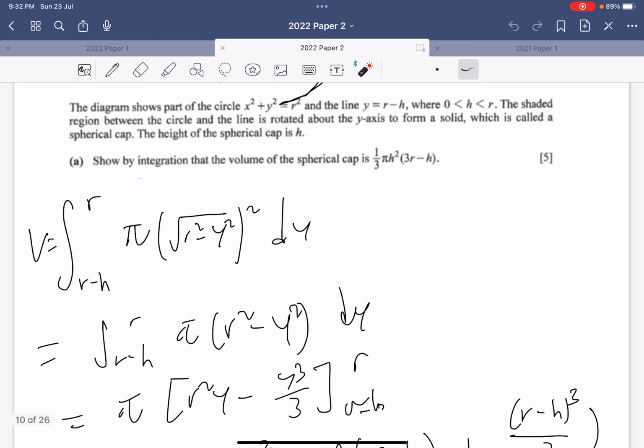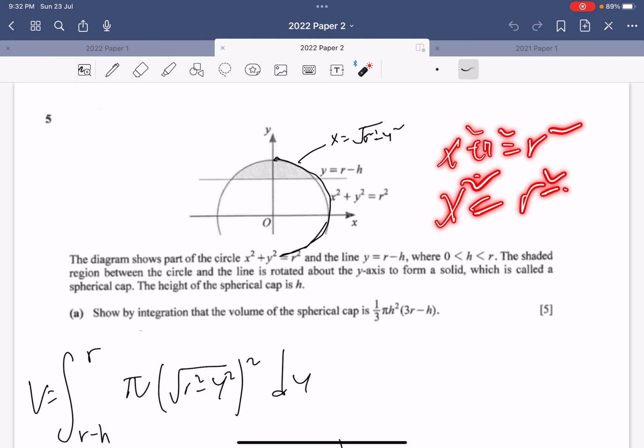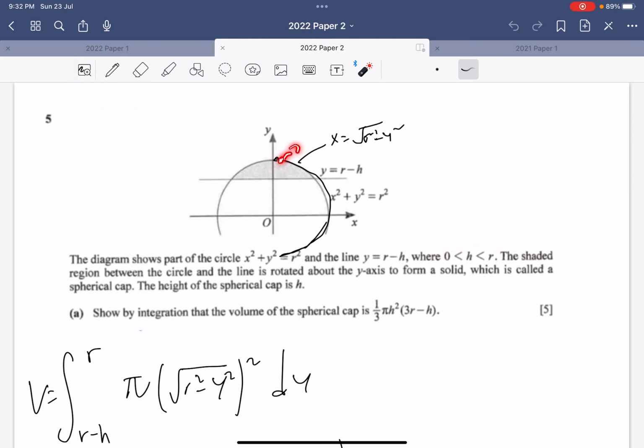So in that case, we need to find what this curve is in terms of y. So we see that because it's a circle, we can shift things over. So it's x squared equals to r squared minus y squared, and then x will equal plus minus this. But then we know it's on the right hand side, so it's the positive x, so it's just square root r squared minus y squared.